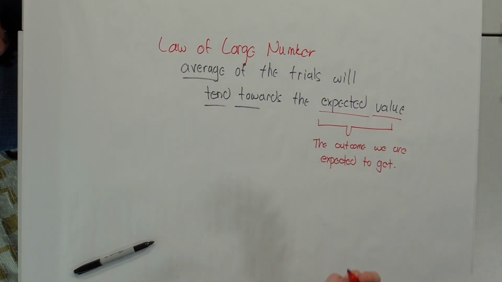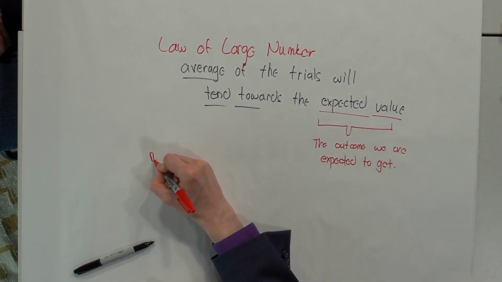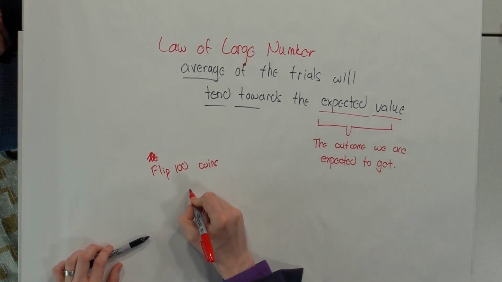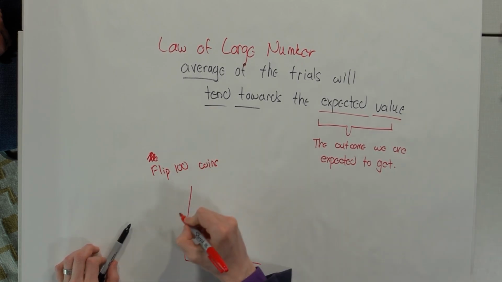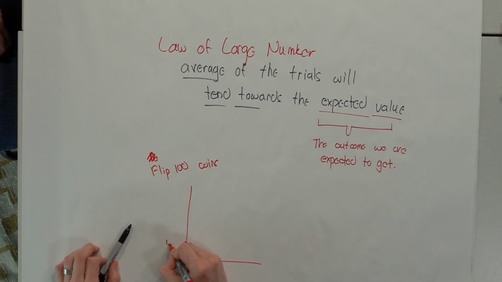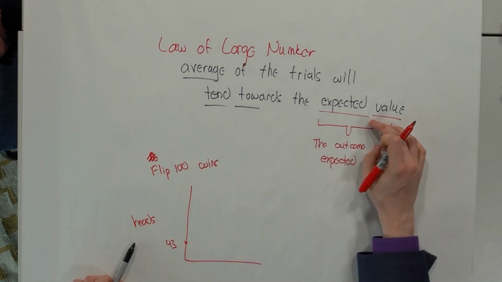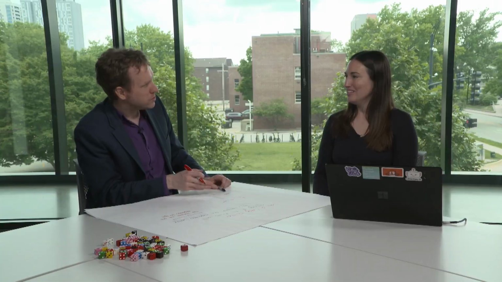If we do a simulation of flipping 100 coins, the very first time we might get 43 heads, which is not 50. We got a little unlucky, with more tails than heads.